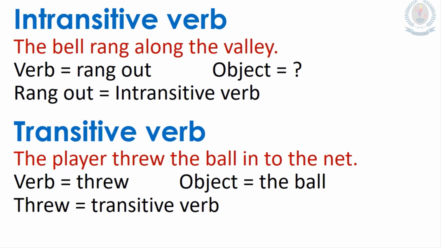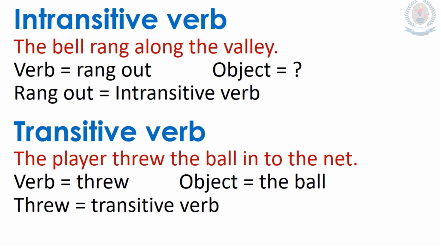Transitive verb. The player threw the ball into the net. I took the example we took earlier. Here, the verb of the sentence is threw. When we go to the verb, we can ask a question. Player threw what? What did he throw?